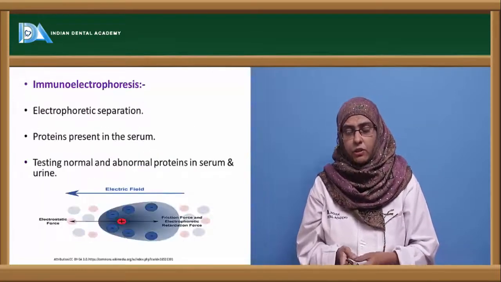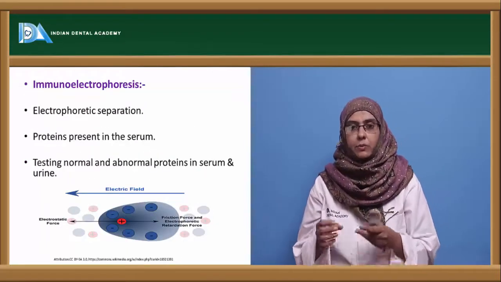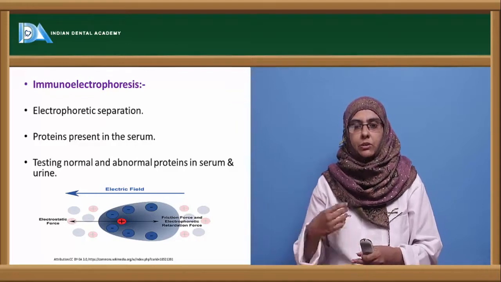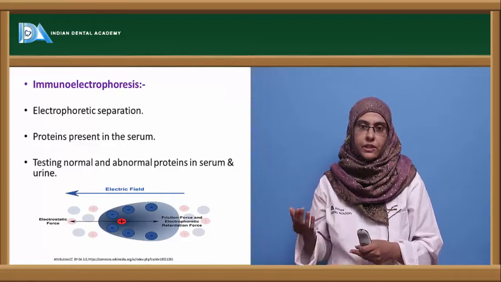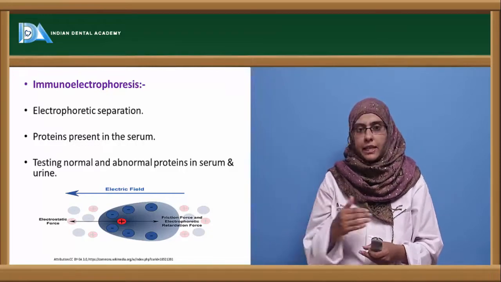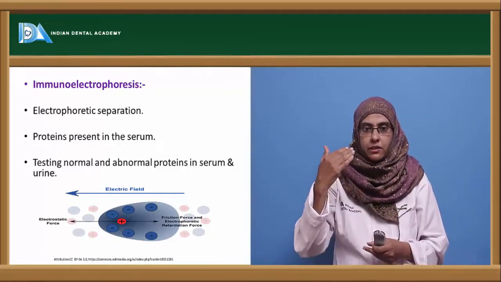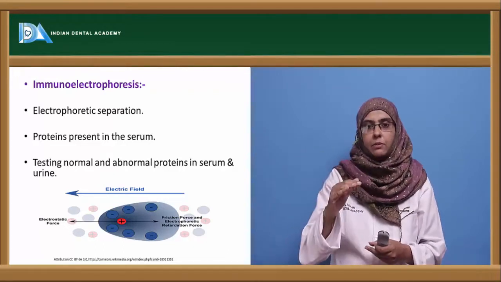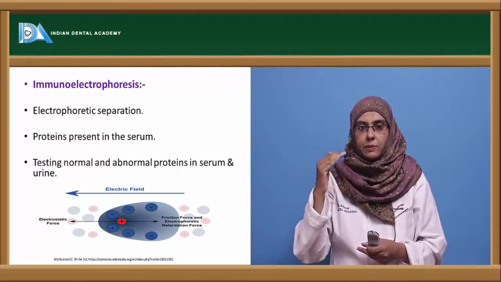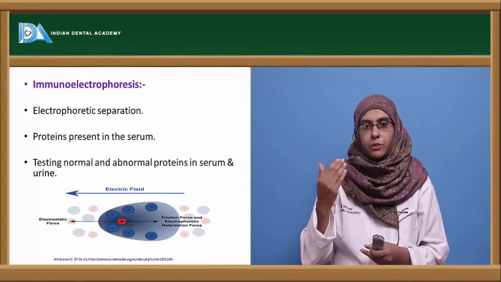So in this technique, first the protein or the test serum that has to be identified is electrophoresed at a right angle to the diffusion that takes place afterwards. After that a trough is cut where the specific antibodies related to that particular protein are added.